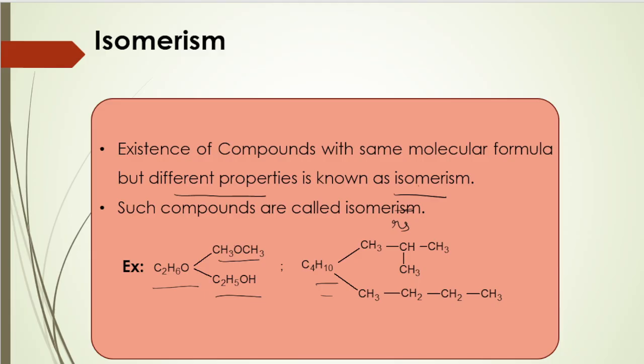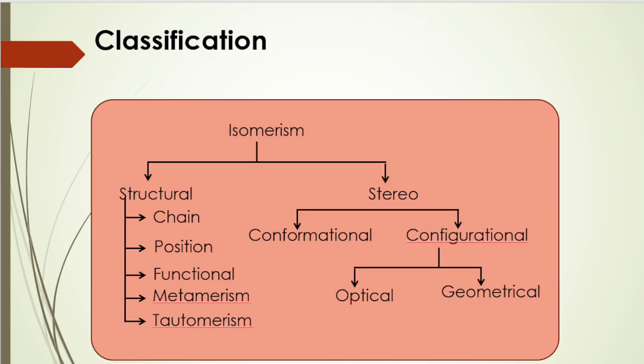So we can write the same molecular formula but different structural formulae, and they differ in their properties, and hence such compounds are called isomers. Let us see how many types of isomers there are.